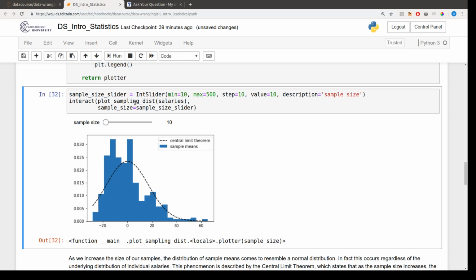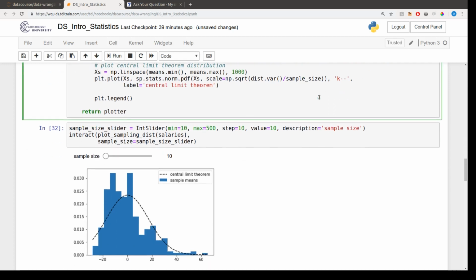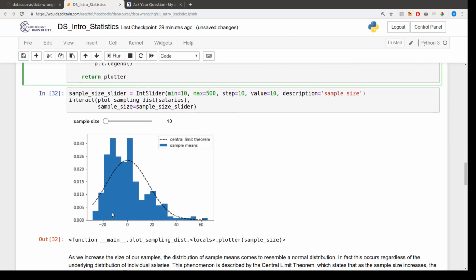I've collected 300 samples here, and at the moment my sample size is 10. So remember, when our sample size was 10, the error between the sample mean and the true mean tended to be pretty large, around $10,000 or more.